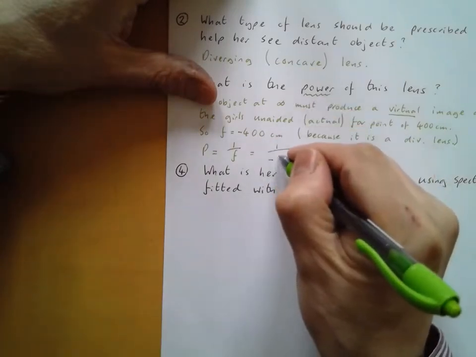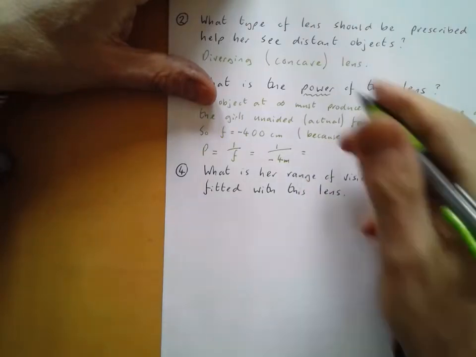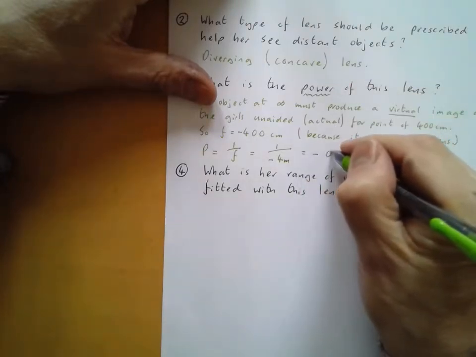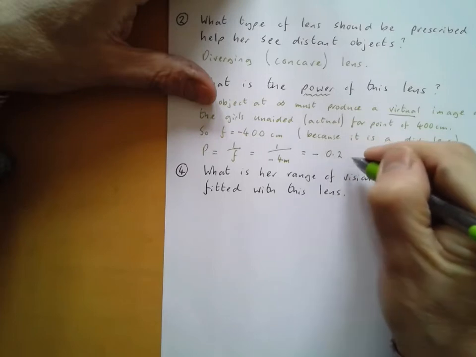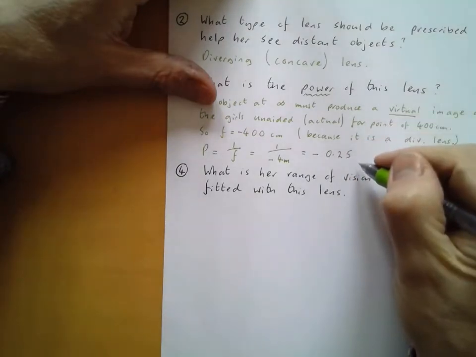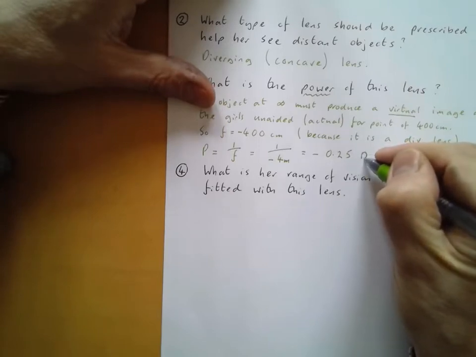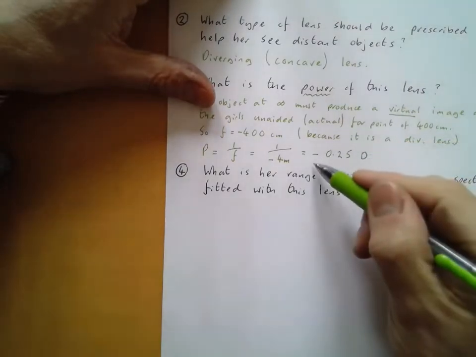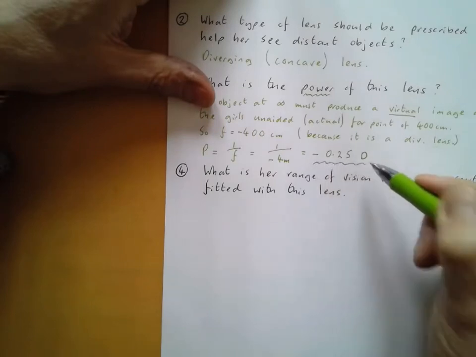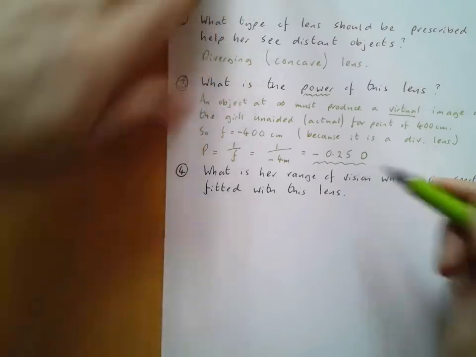It's negative 4 meters. And that gives us a power of negative 0.25 meters to the minus 1, and meters to the minus 1 are known as diopters in optics. So the power of the lens is negative 0.25 diopters.